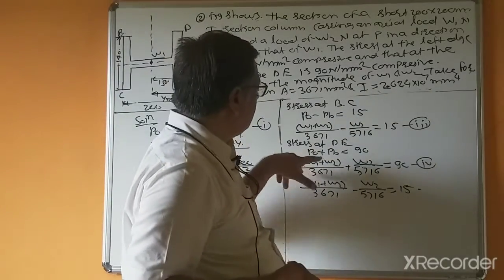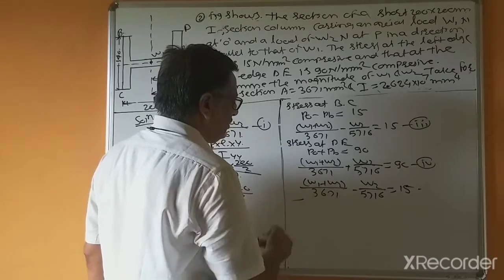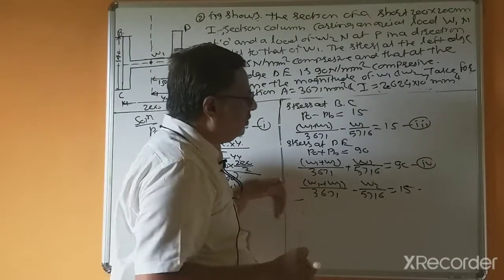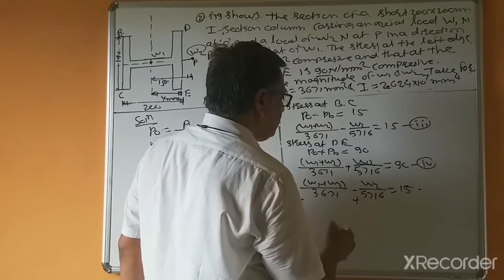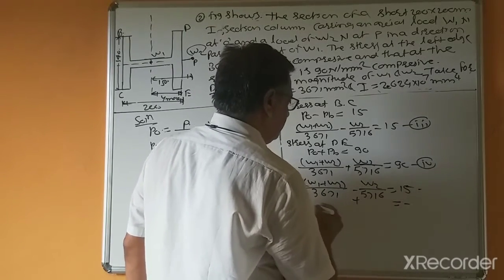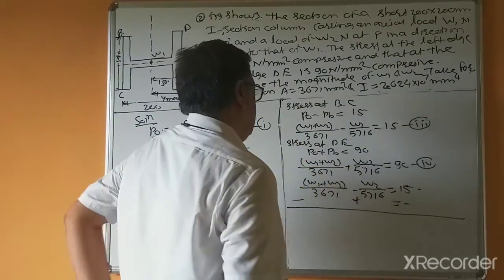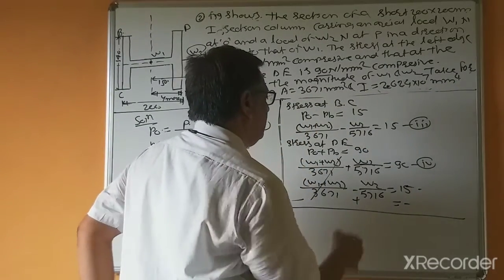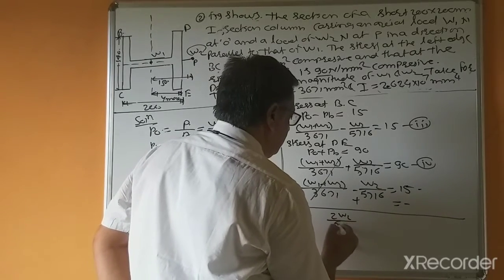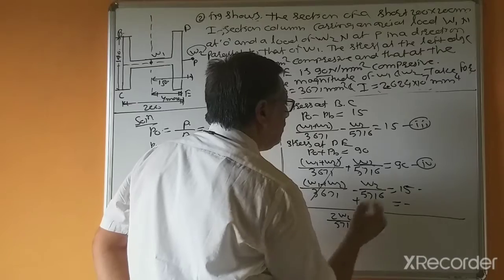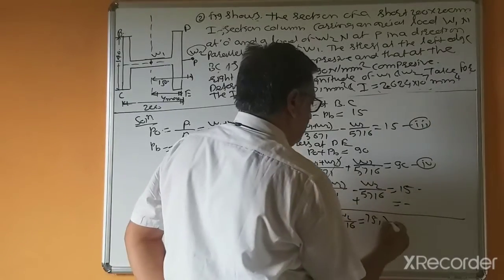Because here there are two unknowns and this is one unknown, for cancellation we change sign, multiplying the whole second equation by negative. So this negative, this is positive, and this is negative. And this will get cancelled. Now this is 2W2 over 5716 equal to 75.